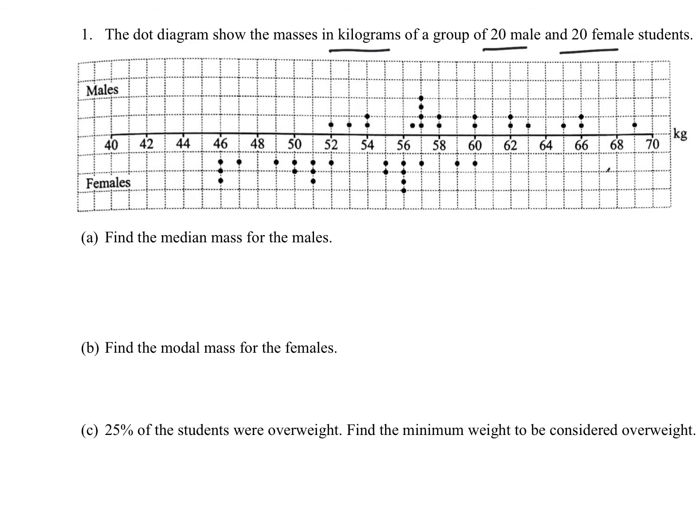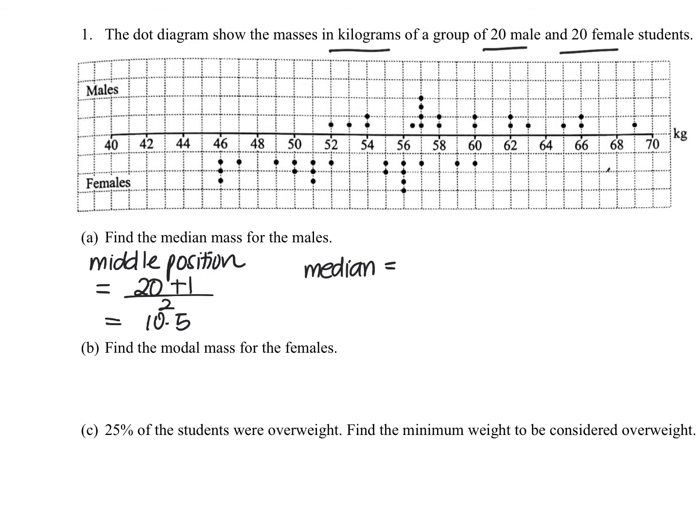So I'm going to find the median. Since there are 20 males, before we find the median, we must find the middle position. How do we find the middle position? We take the total frequency, which is 20 males, plus 1, divided by 2. This gives me 10.5, meaning that I take the 10th value and the 11th value and add them together.